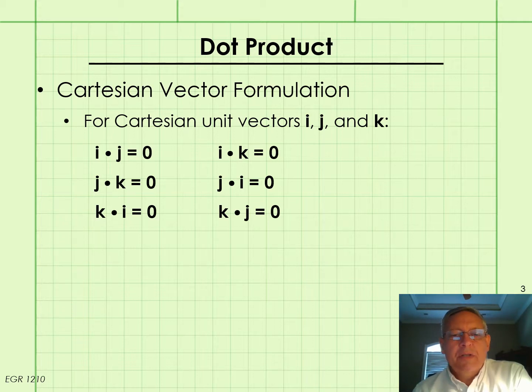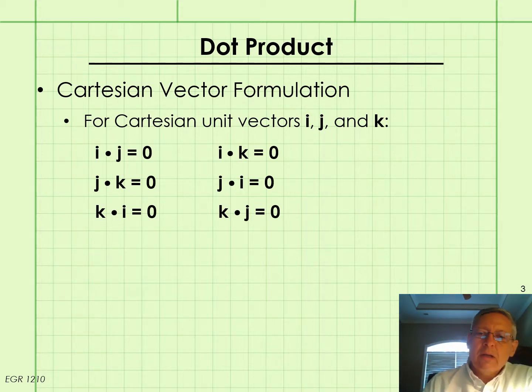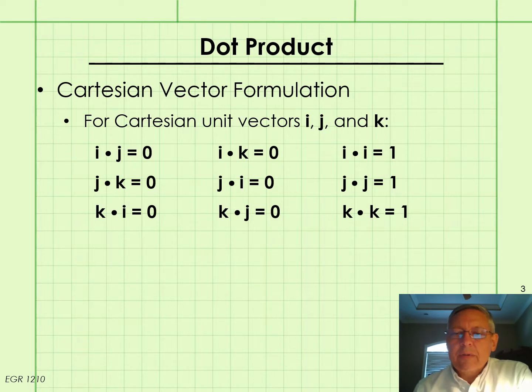There is 90 degrees between each of them. So the cosine of 90 degrees is 0. The other three combinations of the unit vectors, where we dot a unit vector into itself, the result will be 1, since the cosine of the angle between a unit vector and itself is 1, since the angle is 0.